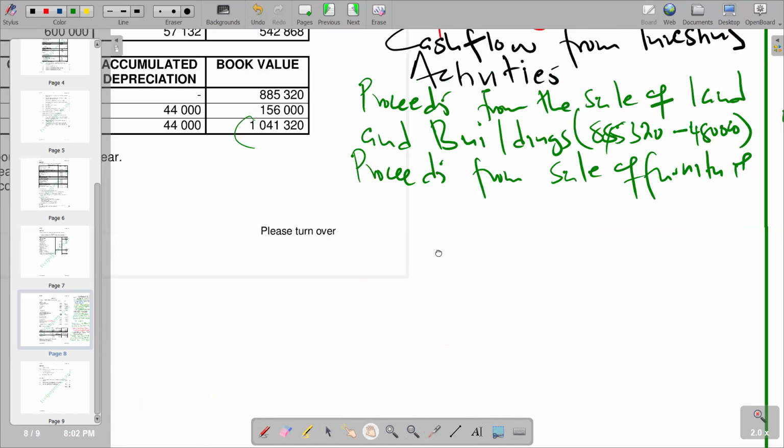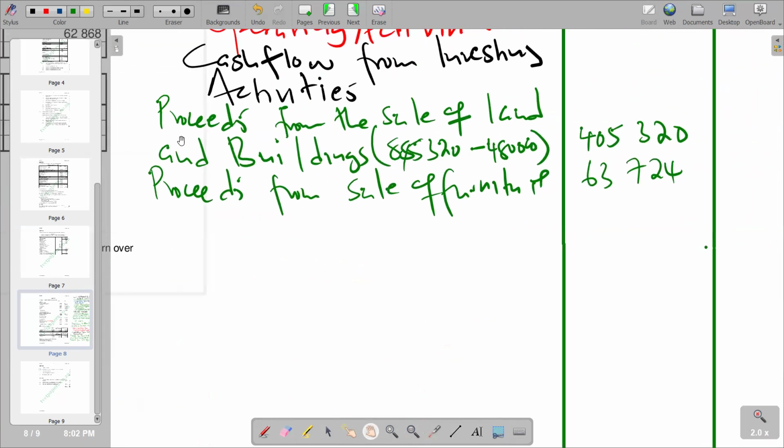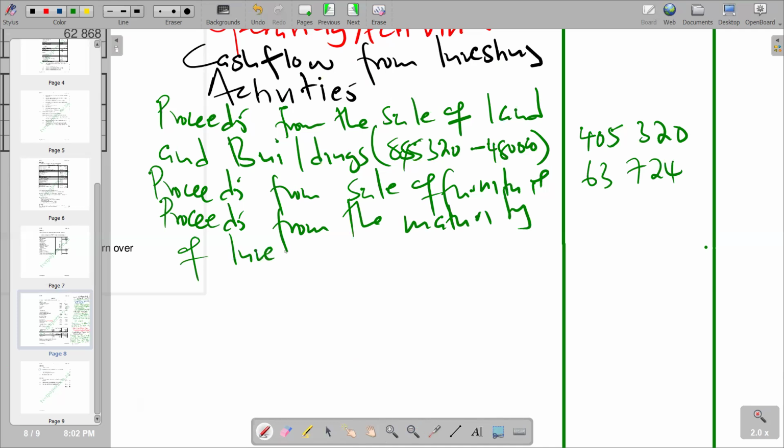The description that we are going to give is proceeds from the maturity of investments, 20,000 as a positive.